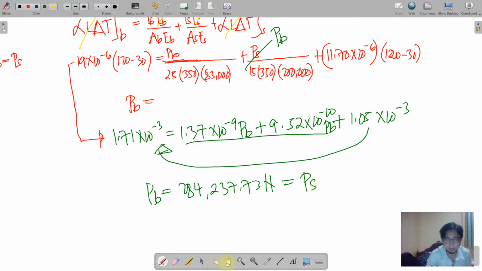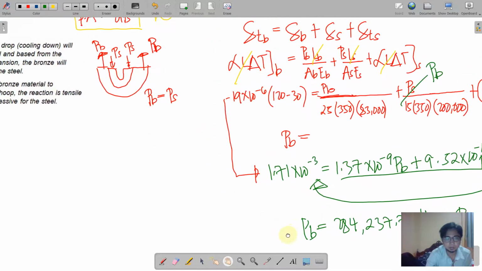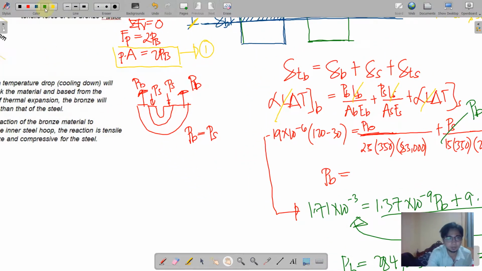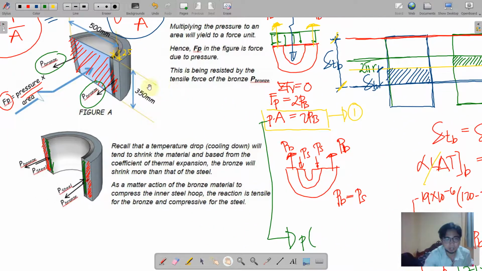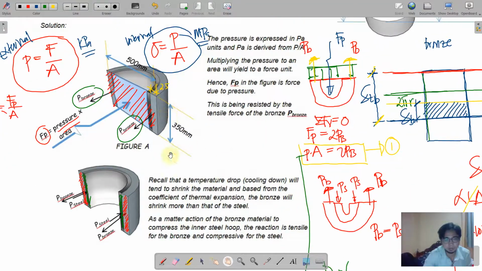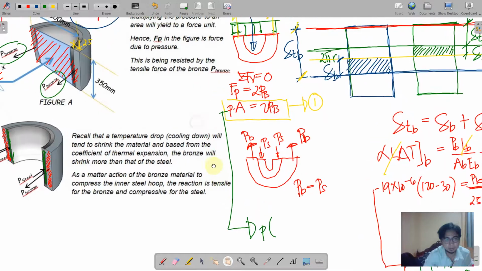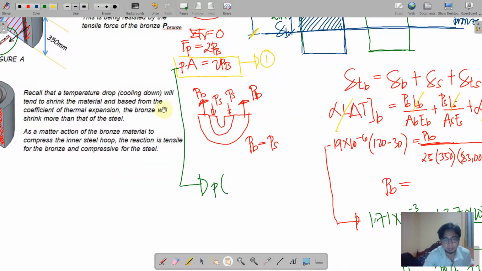So finally, going back to our first equation, okay, the pressure is unknown here. And what is the area? The area is 350 by 500. Okay, so 350 by 500, or the shaded portion here, 350 by 500.